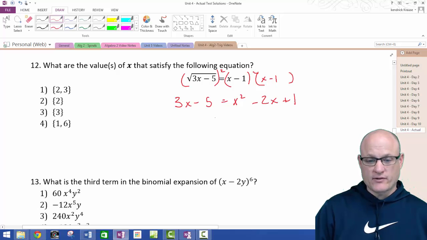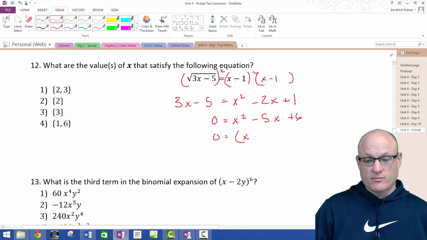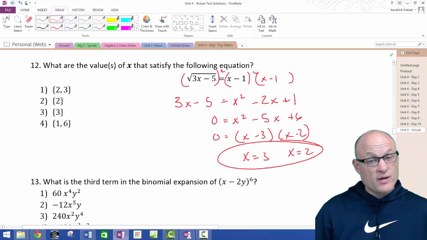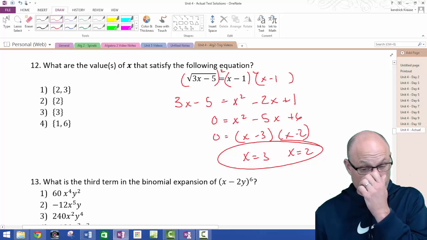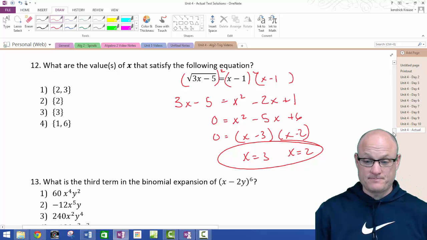Bring everything to the right side. I get 0 equals x squared minus 5x plus 6. X minus 3, x minus 2, and I get x equals 3 and x equals 2. But you have to check both of them. In this case, both work, but you have to check both of them.